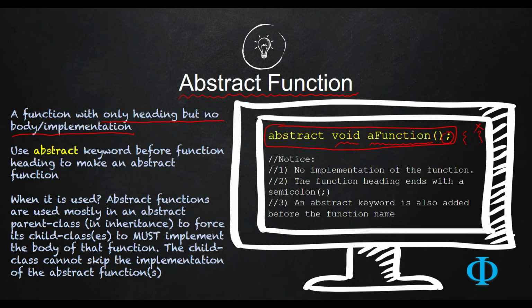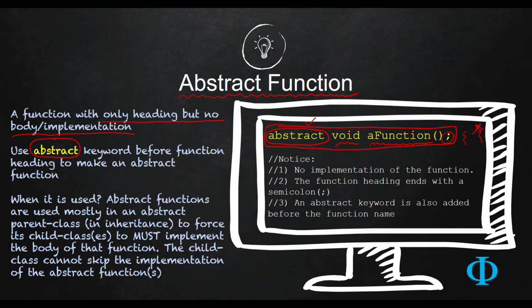And in Java, you have to use this abstract keyword before the function, as you can see here. So two things: you have to use this abstract keyword, and the function does not have any body.